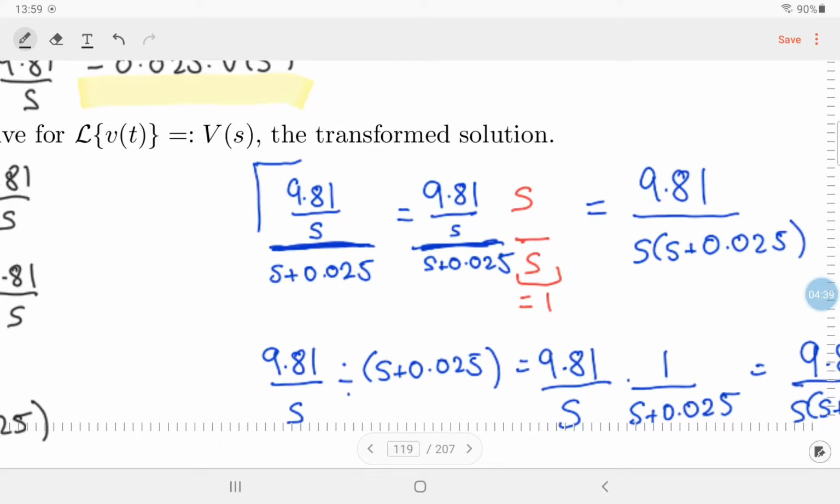If you look at the s on top, if you multiply above and below by s, multiplying by s on top will undo that division by s. So 9.81 divided by s, now multiplied by s, is just 9.81, and you get s times s plus 0.025.